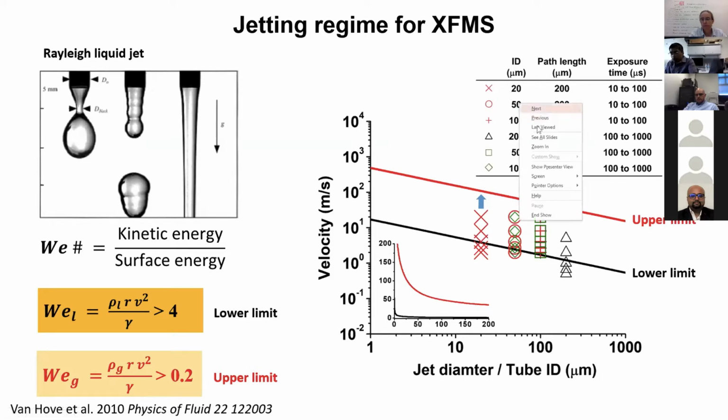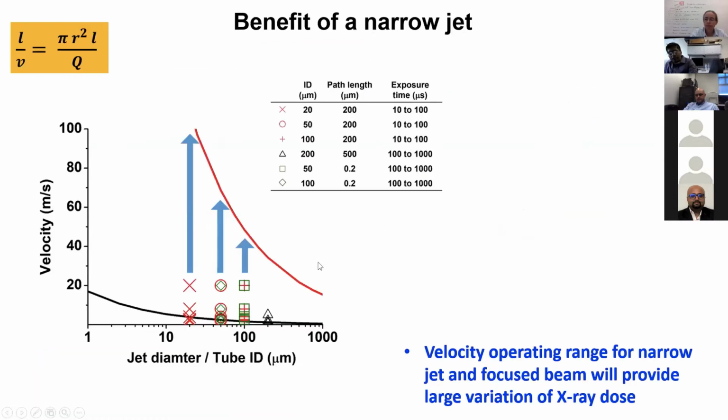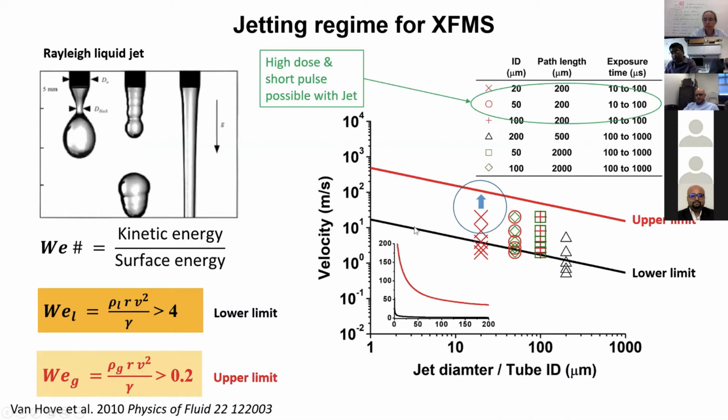I pointed out before that this particular region we couldn't do before, and now we can actually do it, with exposure from 10 to 100 microseconds using the liquid jet. I want to point out that this particular region is very important. This plot is on a log scale.